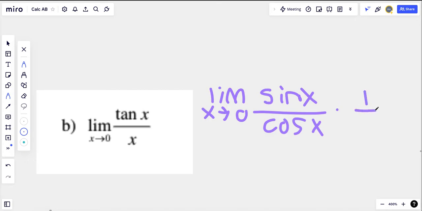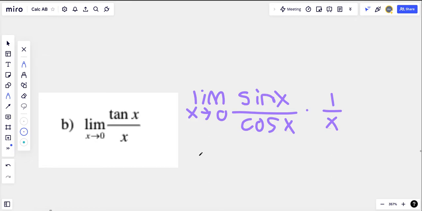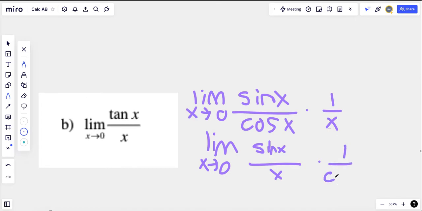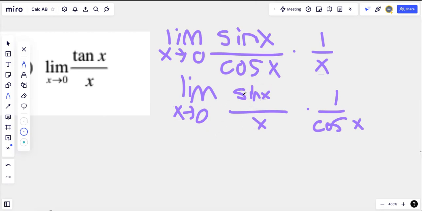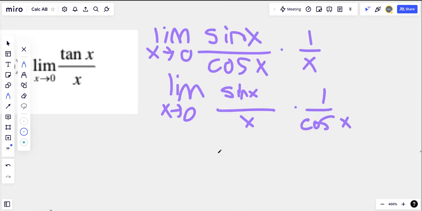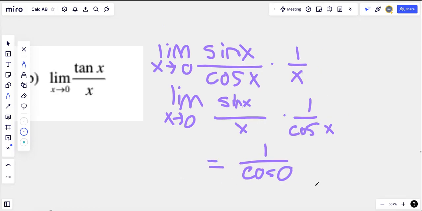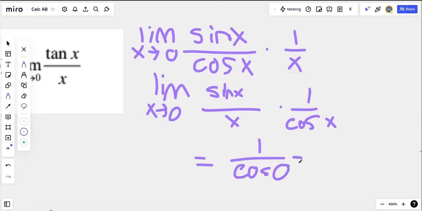That's just how I like to rewrite these. Whenever I see a denominator, I just do times 1 over x. And then now we can reorder this a little bit. Our goal is to get the sine x over x, so we can reorder it like this. And when we reorder it like this, we see that this here is 1 from the identity. This one, you get 1 over cos 0. And then cosine of 0 is just 1. So this is 1.